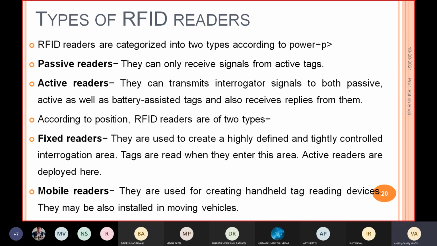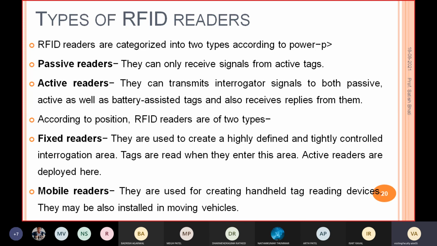Then mobile readers are used for creating handheld tag reading devices. They may also be installed in a moving vehicle. Mobile reader means you can change the place of the reader. This mobile reader will definitely be of small size, so you can carry it in your pocket or in your hand.